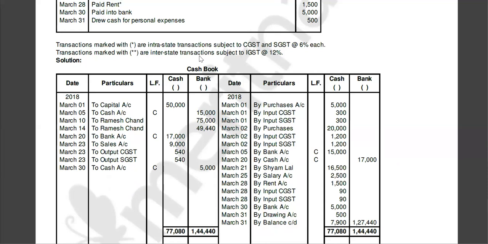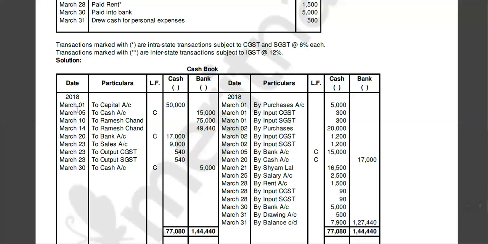Here you have to start with cash book, purchase book, sales book, then ledger accounts, then trial balance. Now we have to start the cash book.